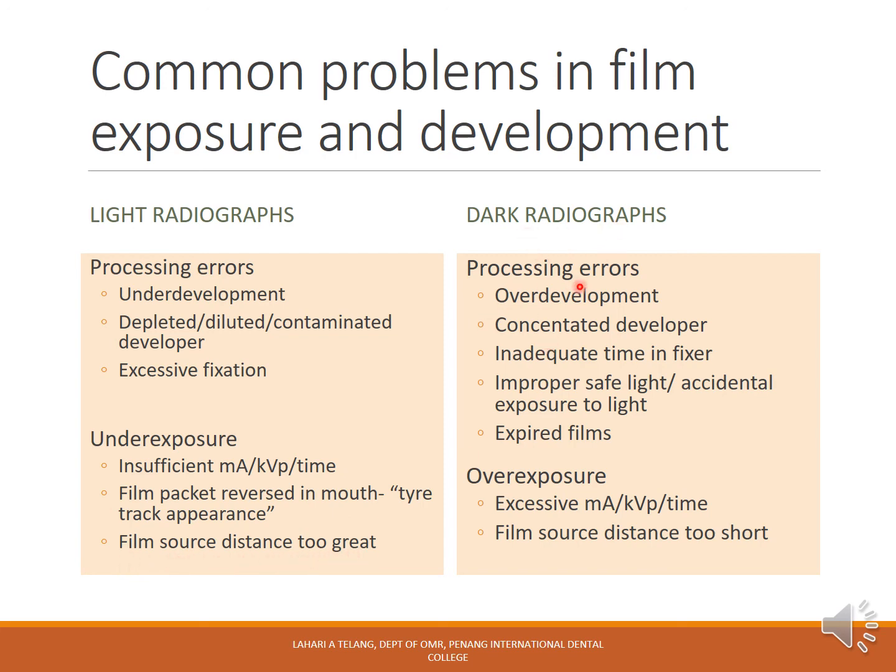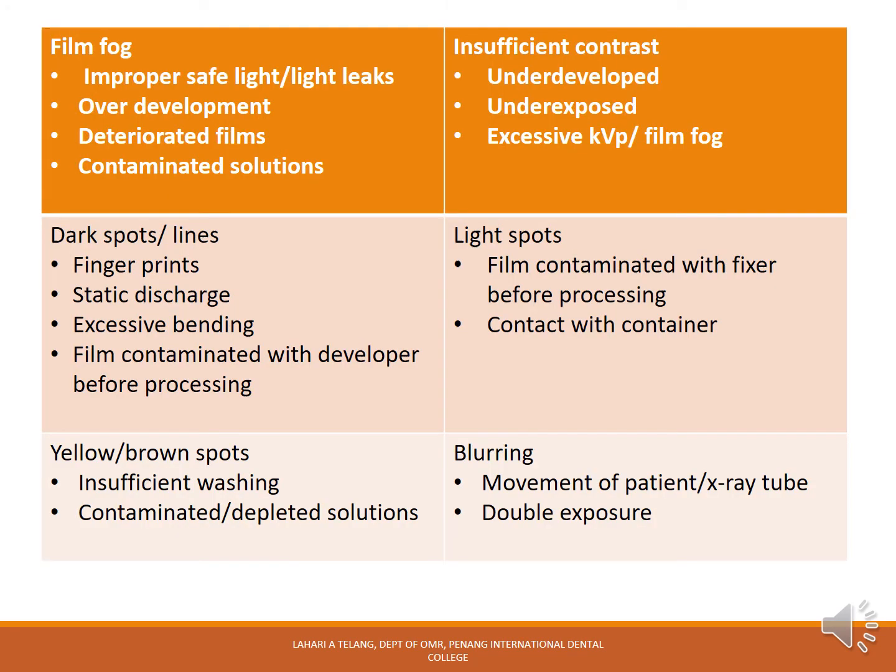Dark radiographs, on the other hand, can be caused by processing errors like overdevelopment, concentrated developer, inadequate time in fixer, improper safe lighting, or accidental exposure to light or expired films. Overexposure can also cause dark radiographs. That means you've used excessive current or voltage or time, and the film source distance is too short.